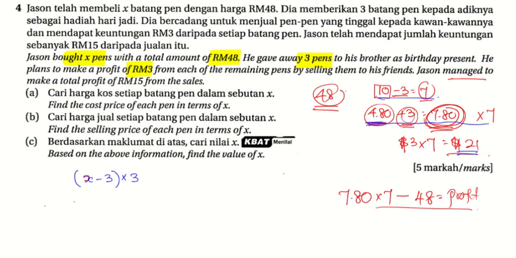So I buy how many pens? X pens. So the total amount I spend is 48 ringgit. If I want to make a total profit of 15 ringgit, okay, I want to make a profit of 15 ringgit.